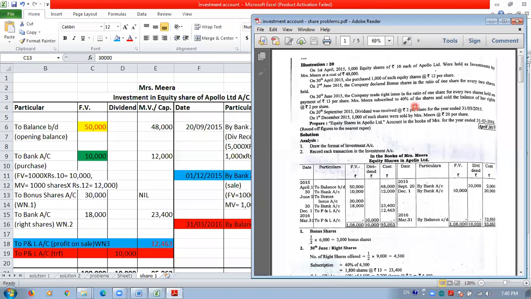And whether to purchase these rights shares or not, the option remains with the existing shareholder. These are not compulsory. Okay, so in this way Meera also subscribes for only 40% of the rights shares. Okay, so in what ratio is she going to receive the rights shares? For every 2 shares held, she is going to get 1 rights share. So the ratio is 2:1.